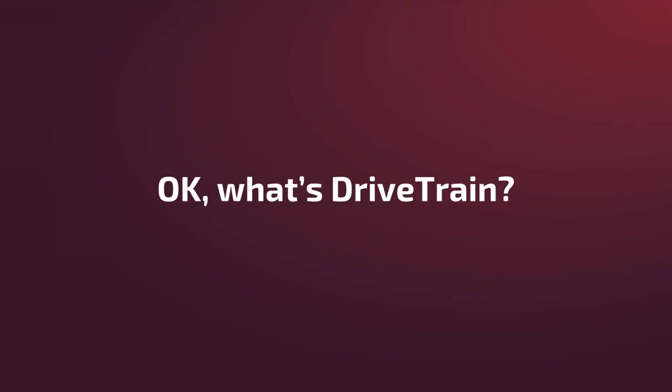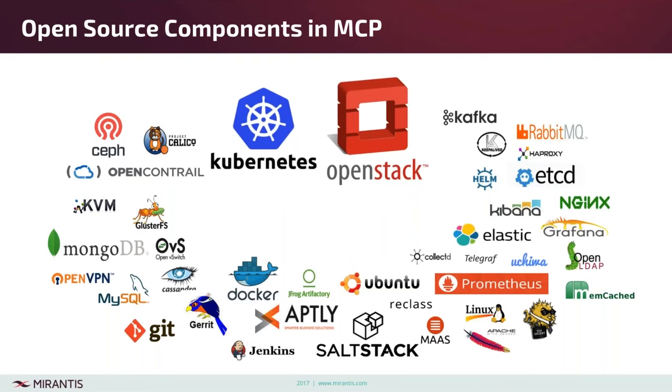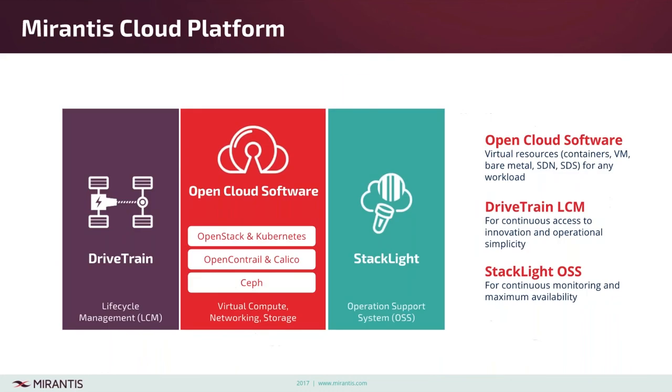All right, so let's talk about DriveTrain. I mentioned a whole lot of open source components being involved earlier. This is just a splash page of some of the open source projects or software that we're using inside of our greater MCP product to deliver basically Kubernetes and OpenStack as cloud platforms.